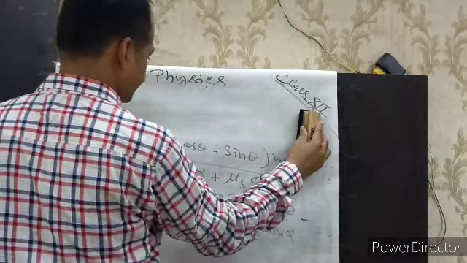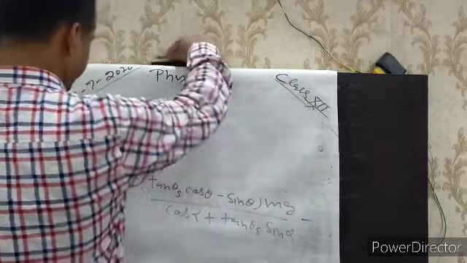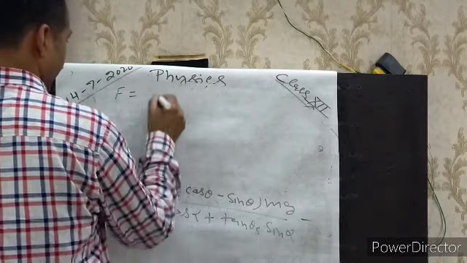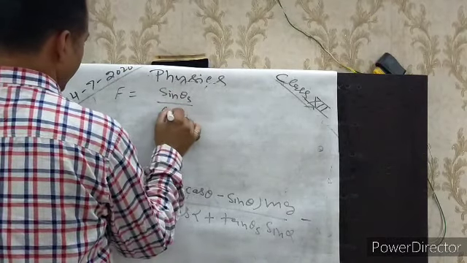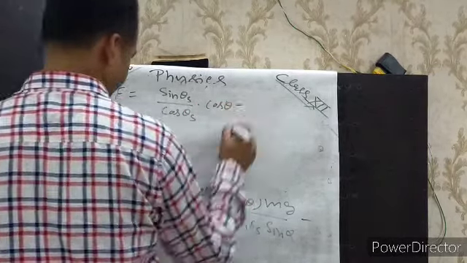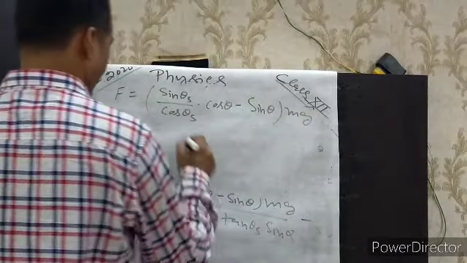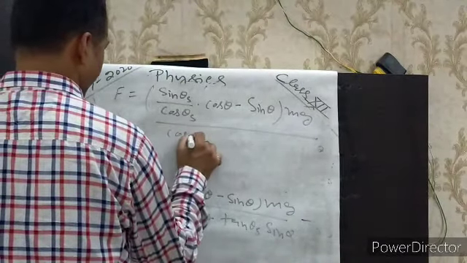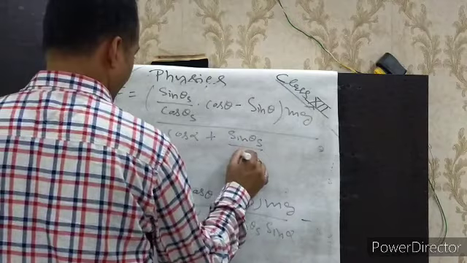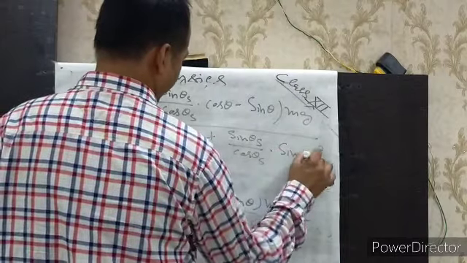Now simplify this. F is equal to tan theta s, which is sin theta s upon cos theta s, into cos theta minus sin theta, mg upon cos alpha plus sin theta s upon cos theta s into sin alpha.